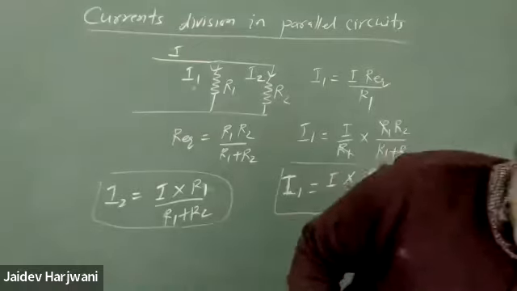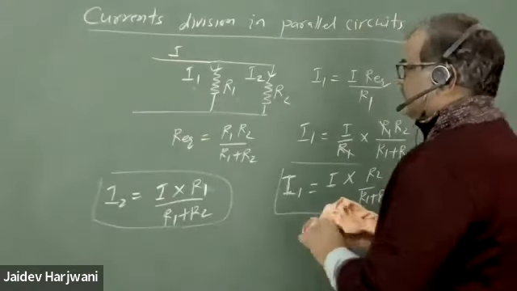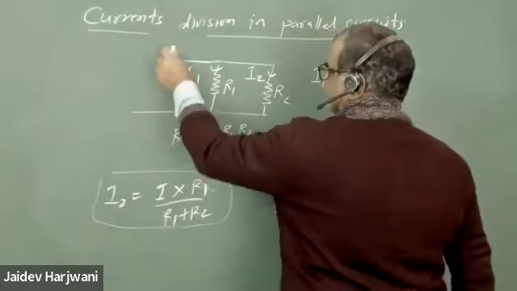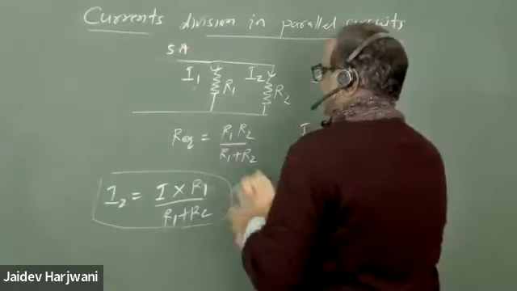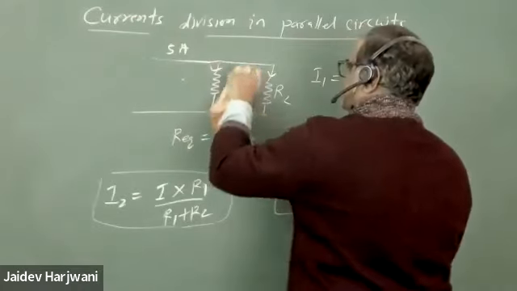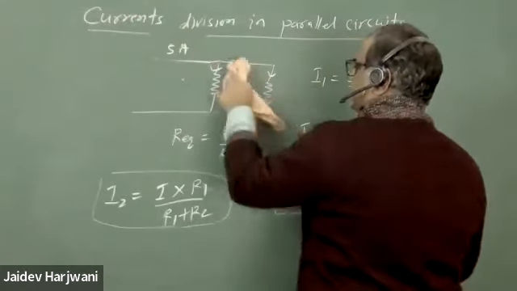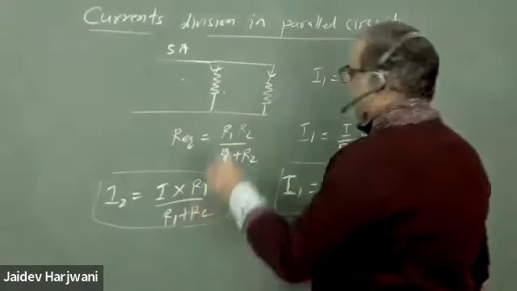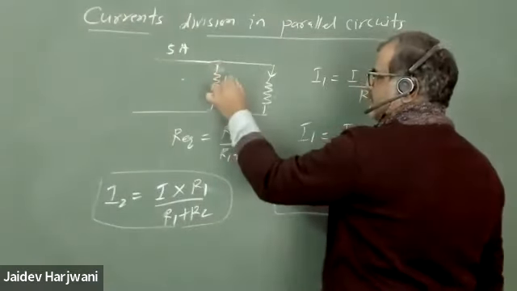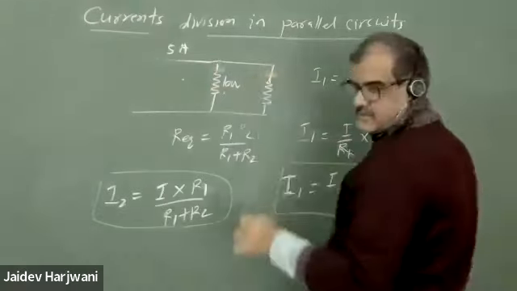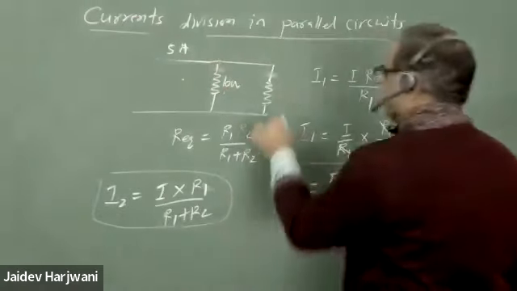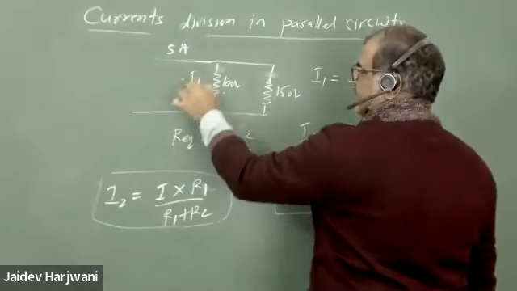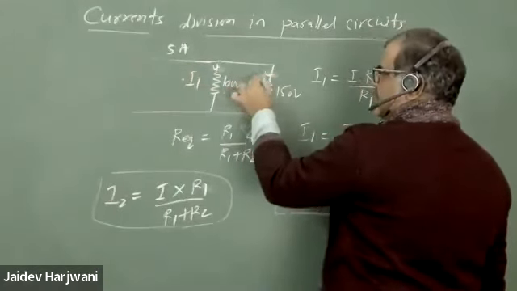Let me give one question. Suppose a 5 ampere current is coming here, and the resistances are given: this resistance is 10 ohm and this resistance is 15 ohm. Find the currents I1 and I2.